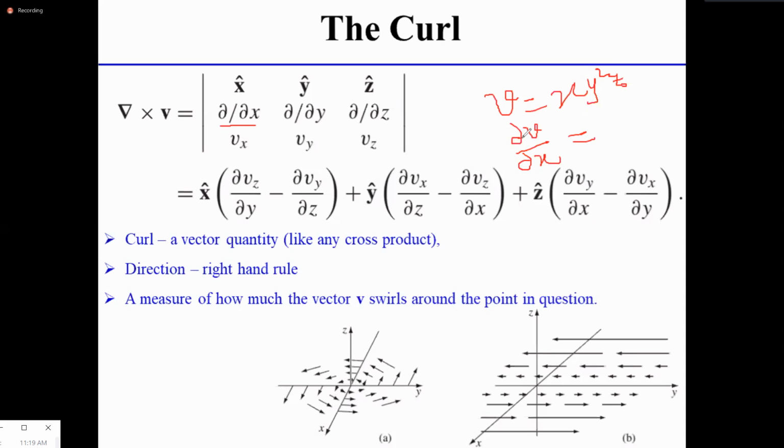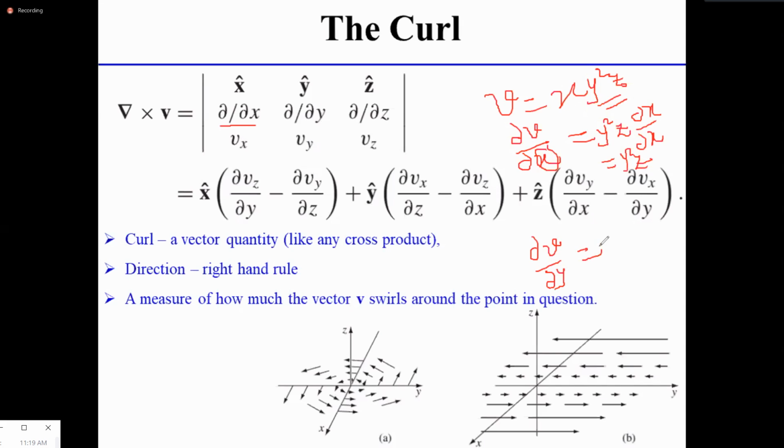However, when you take the partial derivative with respect to x, you consider y and z to be constant. So with that, we will have y squared z constant, and we will get only del of x with respect to x, which is 1. So we will have y squared z.